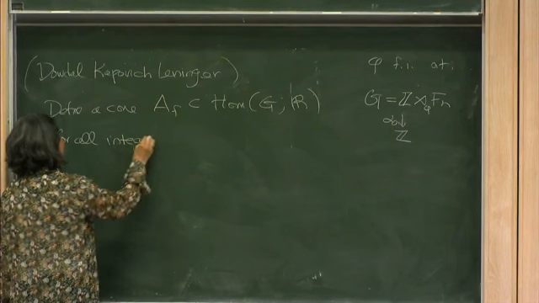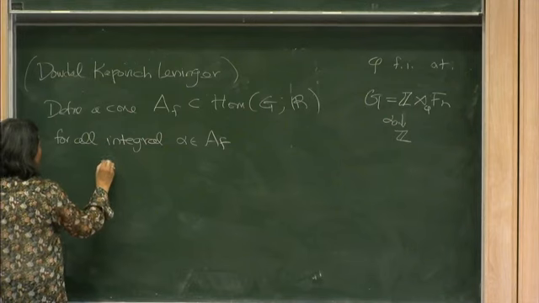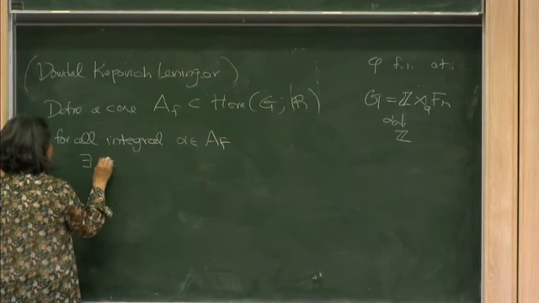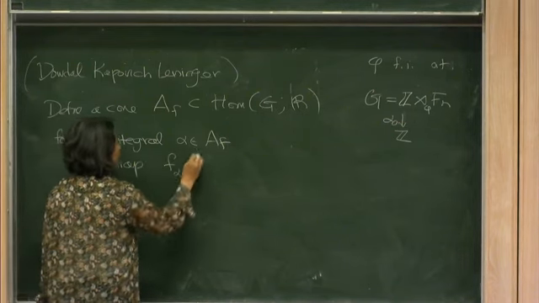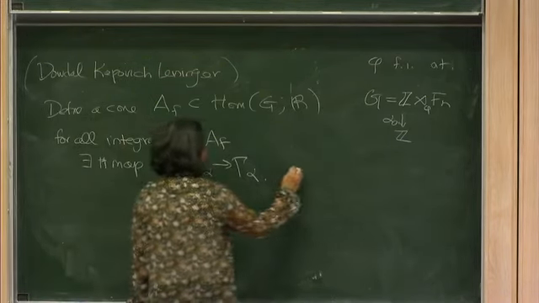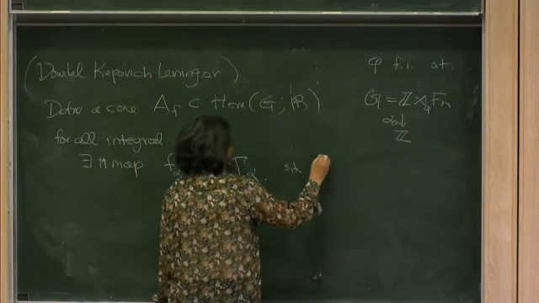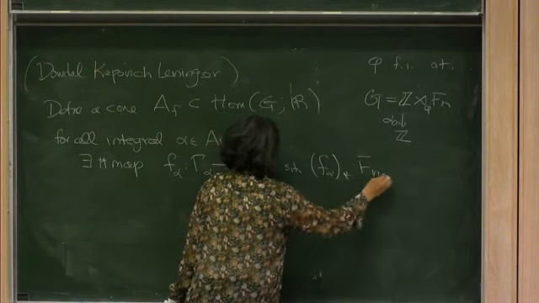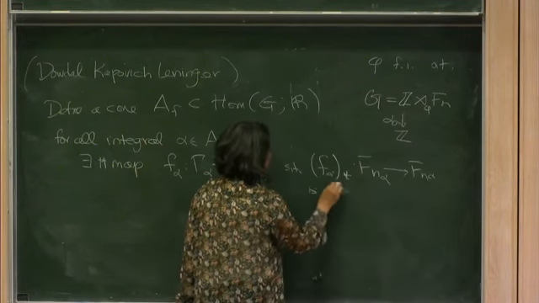so that for all integral alpha in AF, there exists a train track map F sub alpha, gamma sub alpha to itself, such that F alpha lower star on the corresponding free groups is fully irreducible atoroidal.